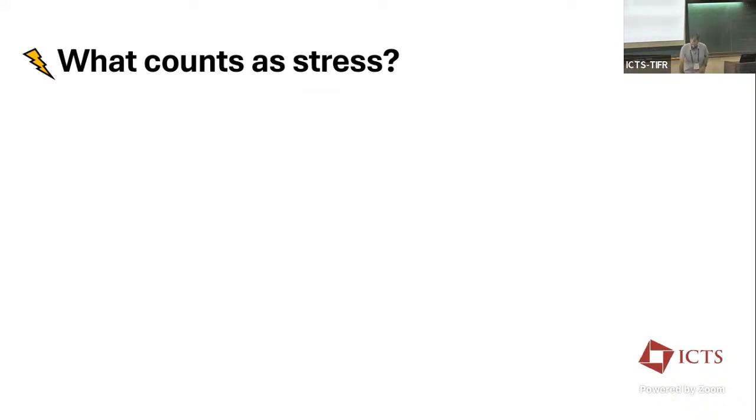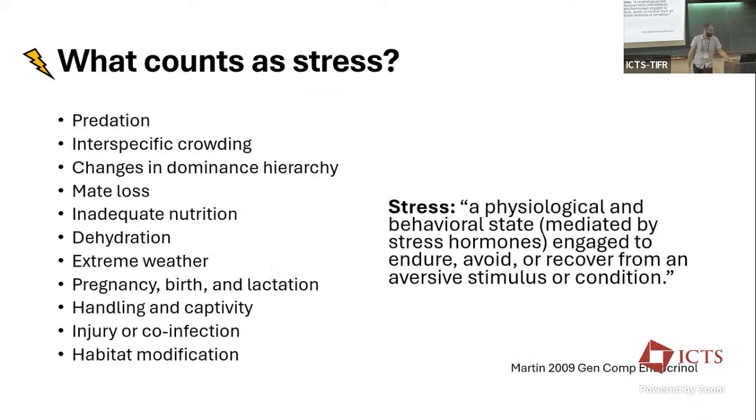I just have a few other examples. Predation can be a stressor for a prey species. Interspecific crowding: if conditions change where there's just way too many of you in a small area and not enough resources, you may have increased intraspecific aggressive responses.